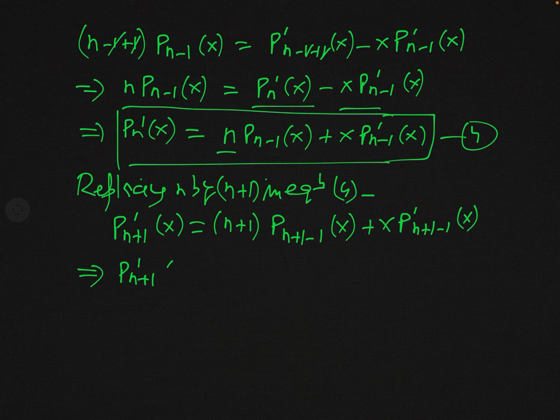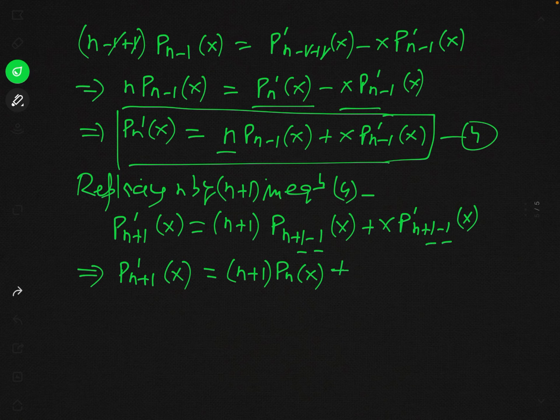Pn plus 1 prime of x equal to, here this 1 and this 1 will cancel out, so this is n plus 1 into Pn of x, plus, again here this 1 and this 1 will cancel out, so this is x Pn prime of x.